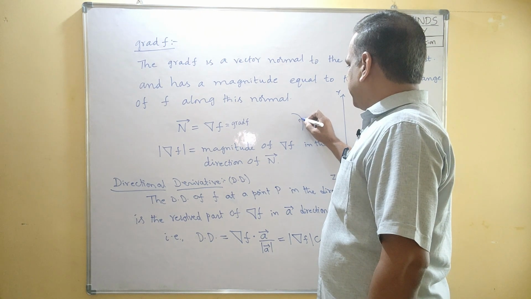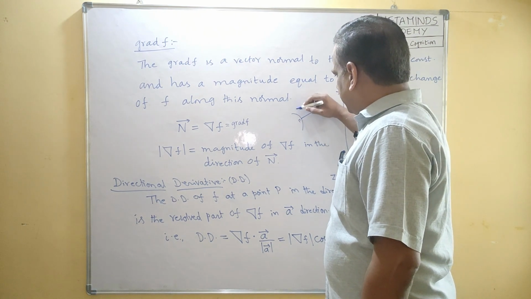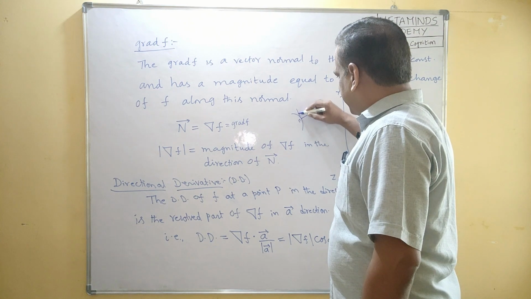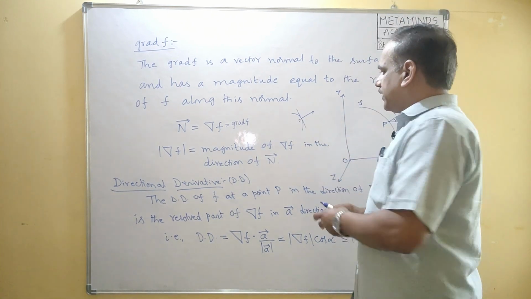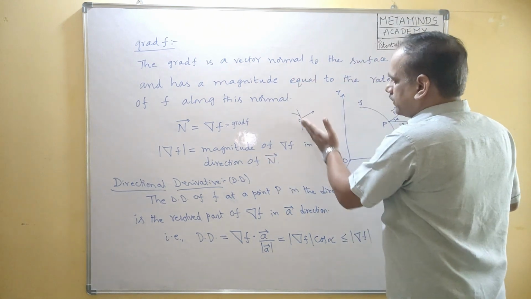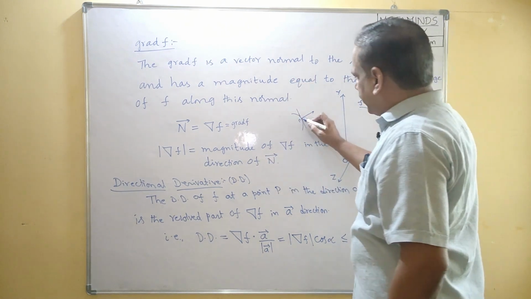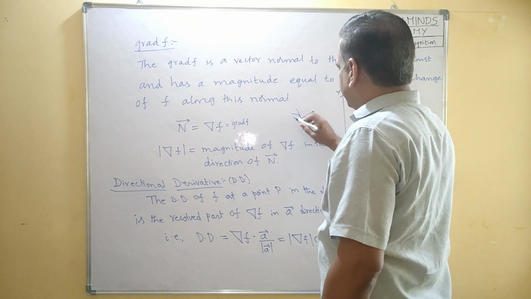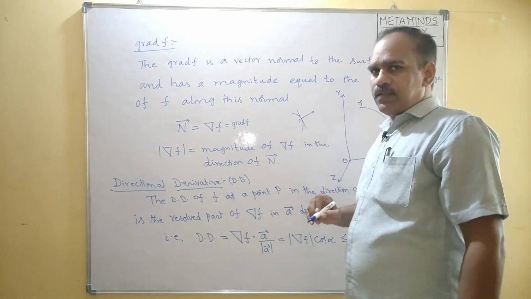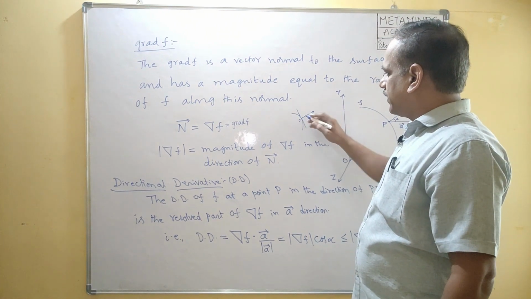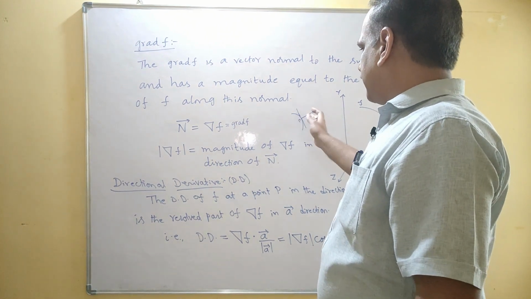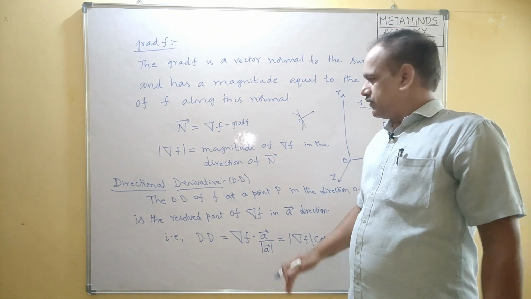It is actually the perpendicular line to the tangent plane at the point P to the surface. So at the point P, you take the tangent plane to the surface, then the perpendicular line going away from the surface is the normal to the surface, outward normal, right? Going away outside of the curvature, it is outward normal.